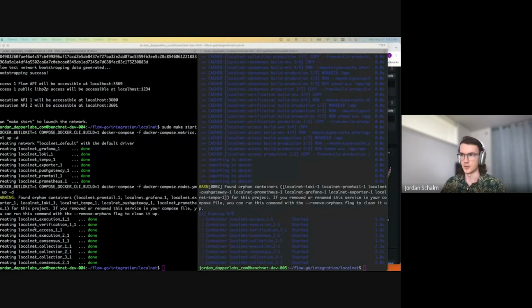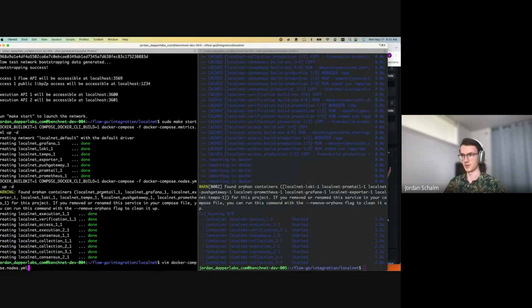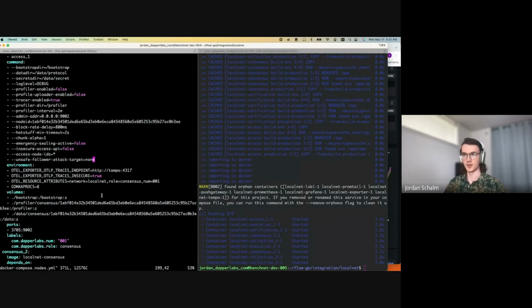So I'm going to adjust the network configuration here, and we're going to set a flag, which obviously doesn't exist in the real software because it's an attack. And that flag is going to tell the malicious node to start an attack on the target node.